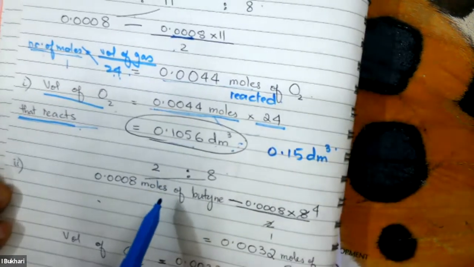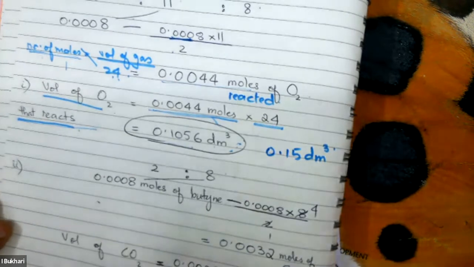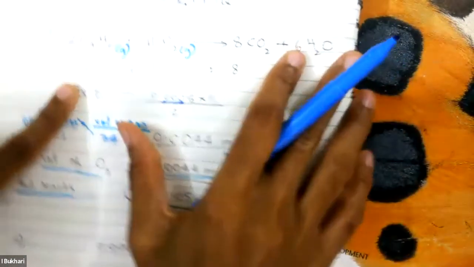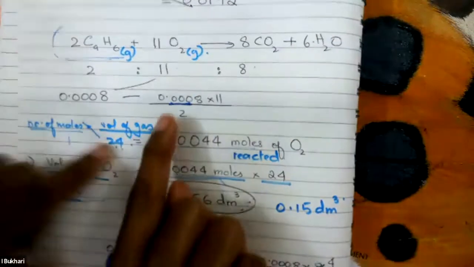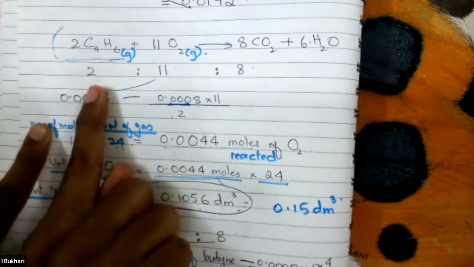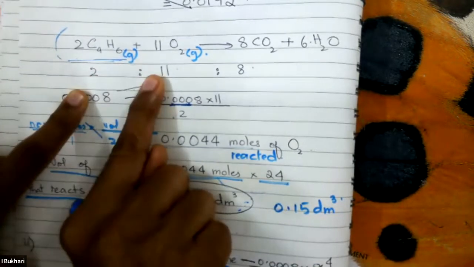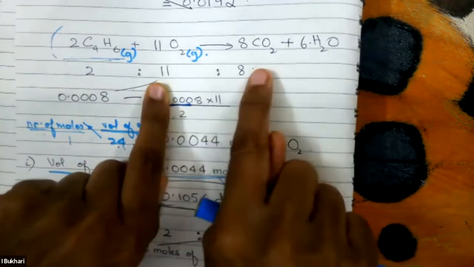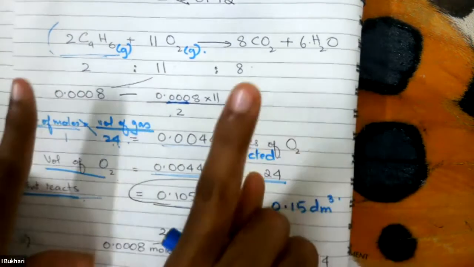Okay, let's move on to the volume of carbon dioxide produced. Now there are different ways of finding out the volume of carbon dioxide. You know the number of moles of oxygen as well as the number of moles of butane. You can use either one of them. You can use the ratio of 11:8, or you can use the ratio of 2:8.